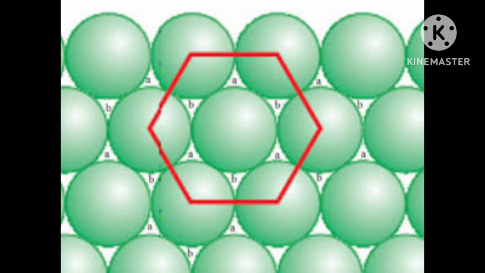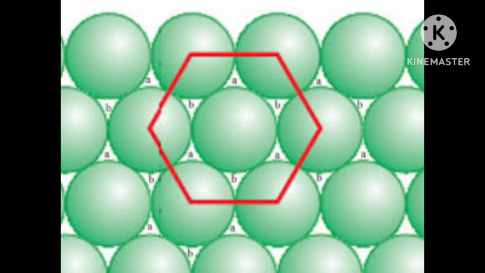Correct? Then here A is one type, B is another type, because B you start arranging between the gaps. Here also all are touching. In the second row all spheres are touching, but you started with the gap, keeping them in the gap.